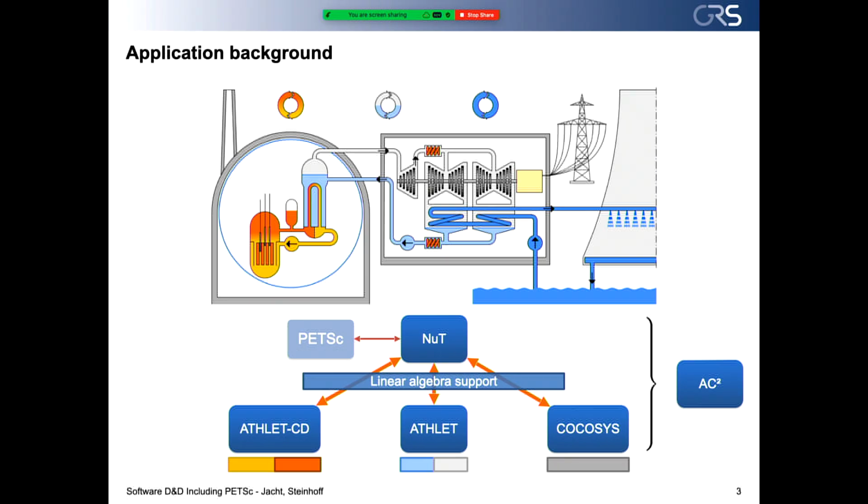So if there are any leaks in the pipes, these kinds of transients and accidents can be simulated by this. And then we have this COCOSYS. This is a containment code, so this is everything around these reactor vessels and the turbines and the pipes and so on. This altogether we call AC2 or AC squared. I usually say AC2 because it's easier.